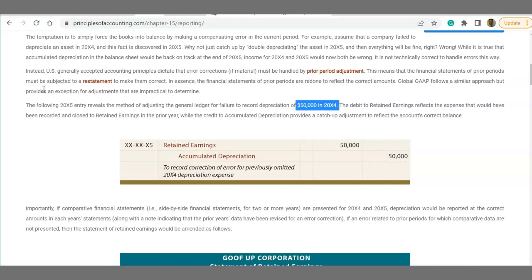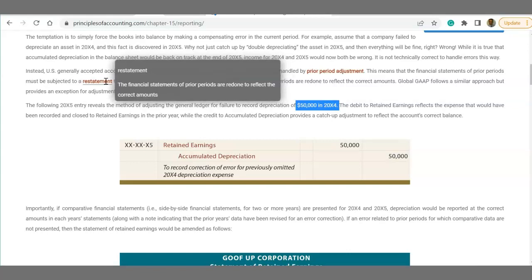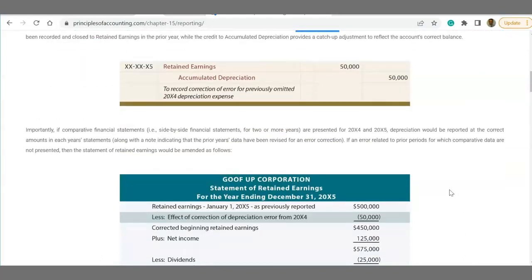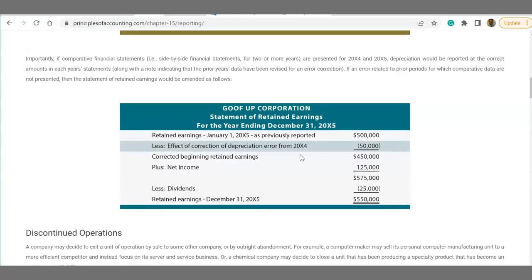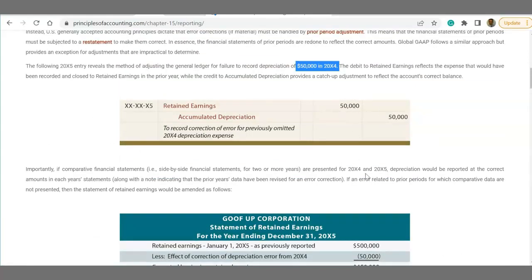And then you do the financial statements restatement. Here is the statement of retained earnings by the end of 2015. It says retained earnings January 1st of 2015, as previously reported, was $500,000. However, less the effect of correction of depreciation error from 2014, that's a $50,000 reduction, and that is because of this journal entry, right?